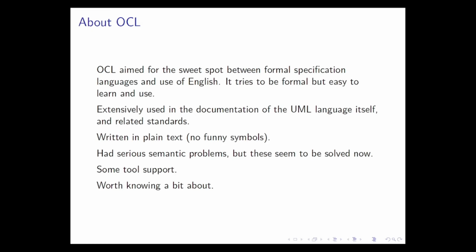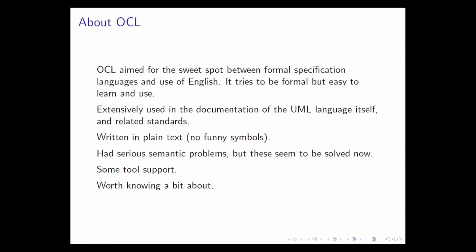It used to be extensively used in the documentation of the UML language itself, but not quite so much these days, which is quite telling in itself. There was a lovely paper in Models a few years ago that went through a version of the UML standard and analysed the OCL that was used in the standards document itself, and found a scary number of bugs in the OCL constraints that were in the UML standard, which is a bit sad.